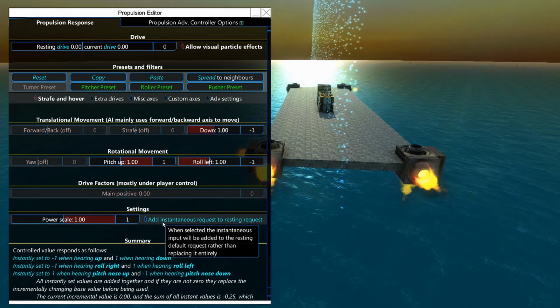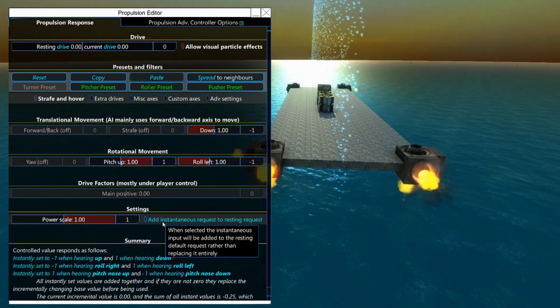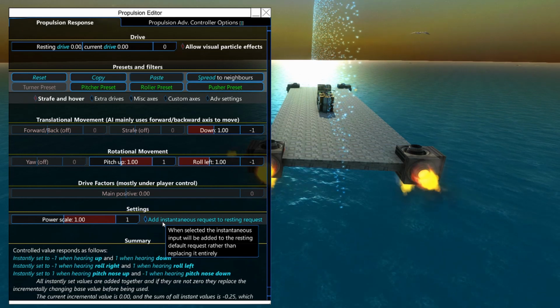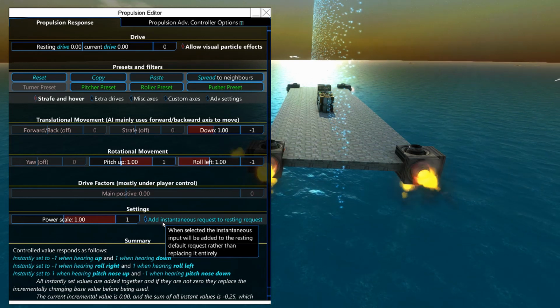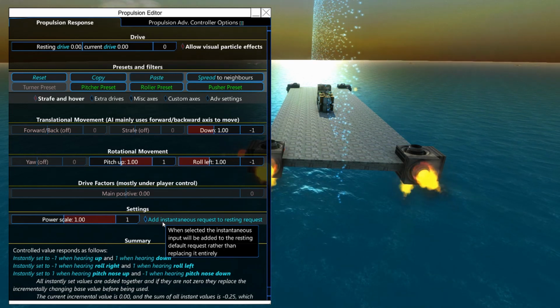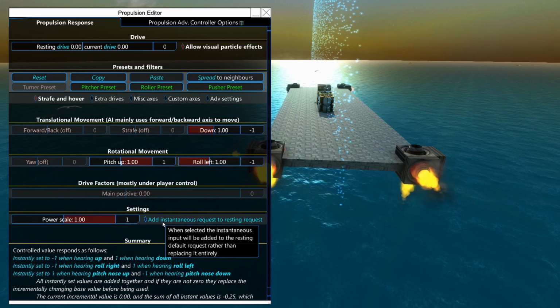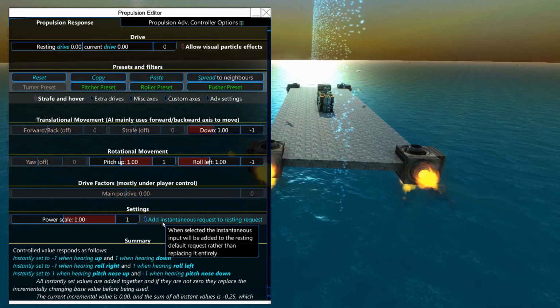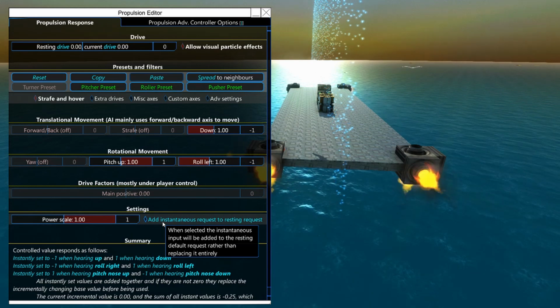So in the case of a jet engine, if I give it a signal to drive forward at 100%, say we just turned the AI on, and this flying vehicle is at 5 meters of altitude instead of the 100 it wants to maintain, our upwards thrusters are going to immediately kick into full drive because we want the vehicle to rise rapidly. It has a long distance to go, so those are going to kick on at full power immediately.